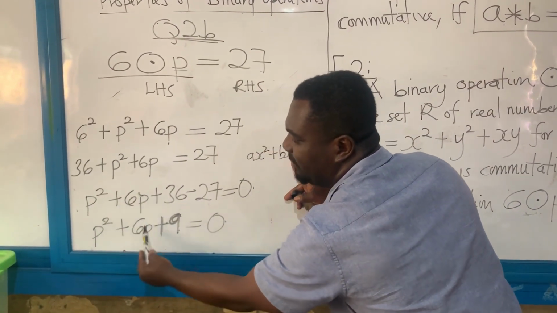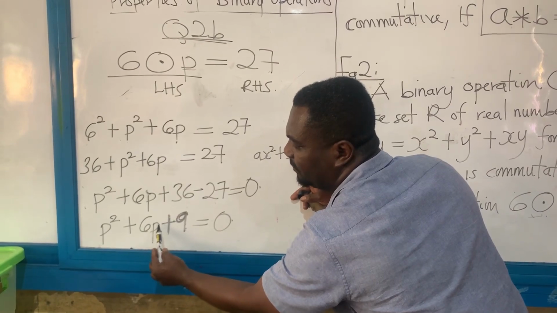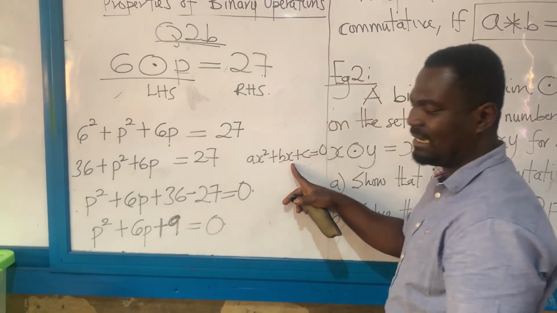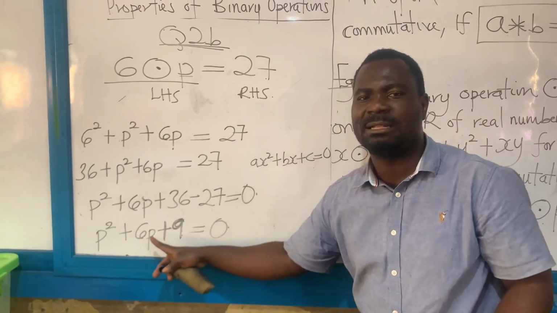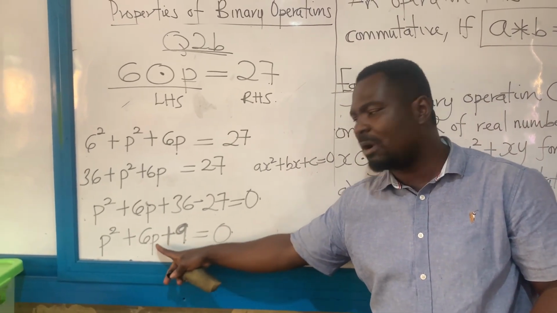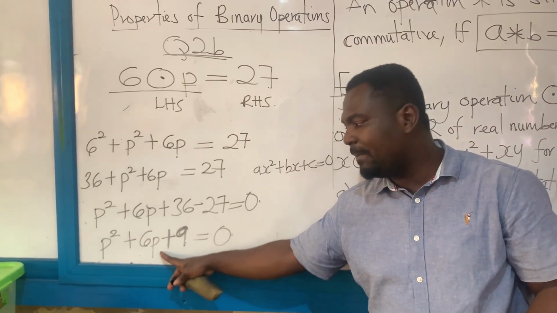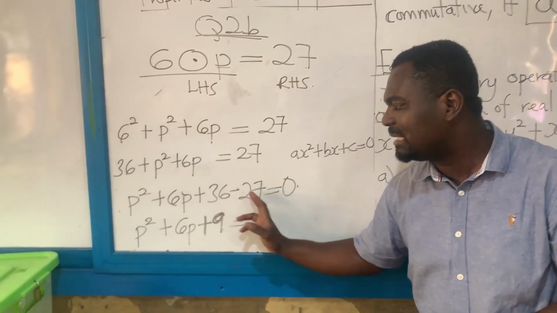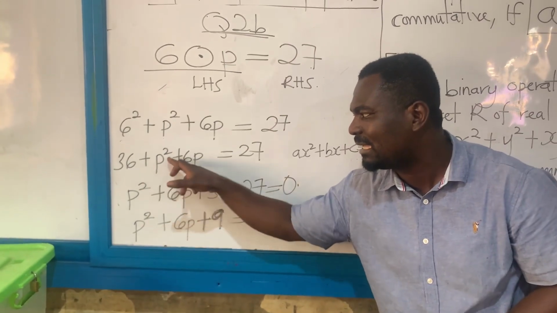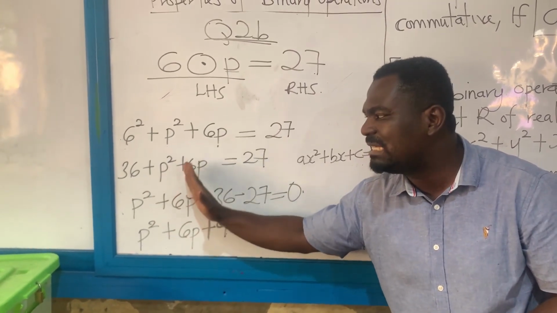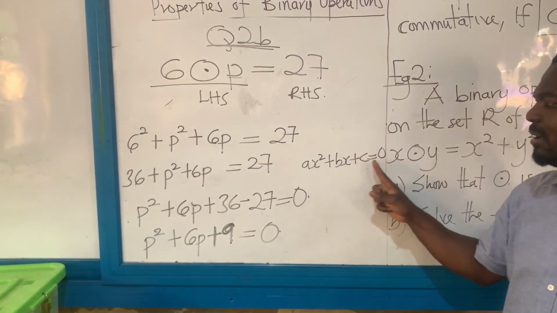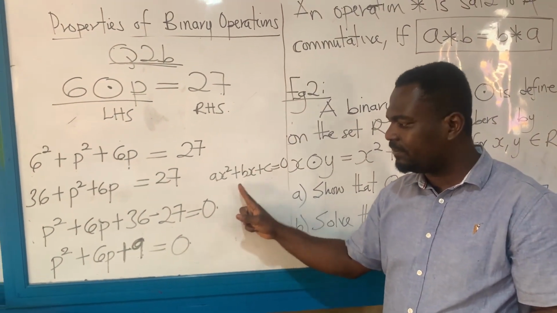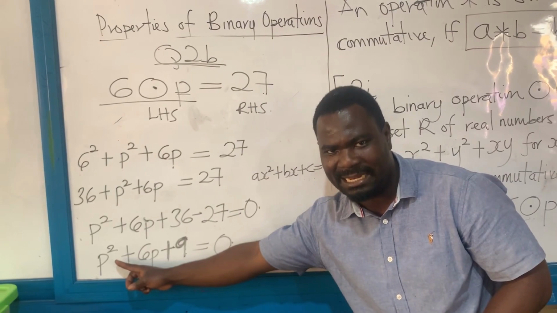Then you pick the term which contains p exponent 1. Then you pick the term which contains a number without a letter. This is how a quadratic equation looks. If you don't know quadratic equation, way back in JHS you called it quadratic trinomial. So anytime you get an equation involving a quadratic term, arrange the equation based on the general form of quadratic equation. And this is what I have done here.